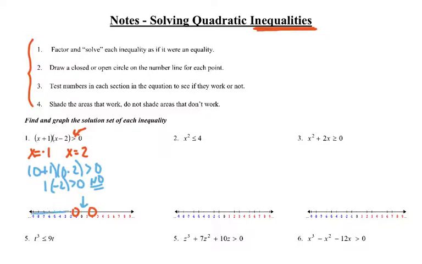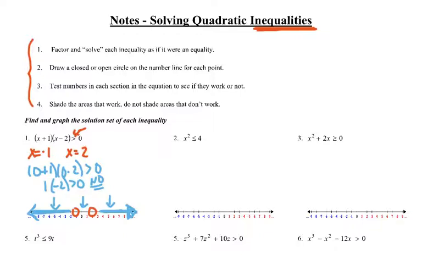And what's nice about these is they either shade in between the dots or outside the dots. If I know it doesn't work in between the dots, it's going to automatically work outside the dots. You could test other points, like I could test a 5 and plug it in. Even just in my mind, I can see real quickly that that works and that -5, for example, works.